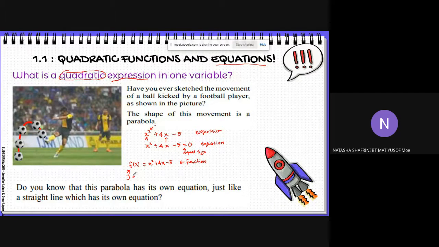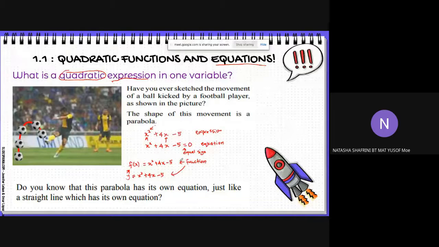So kalau cikgu tulis y equal to x square plus 4x minus 5, ini kita panggil function. Function juga. So dua notation, dua notation. Notation fx dengan x represented a function. Okay, ini kita panggil function juga.